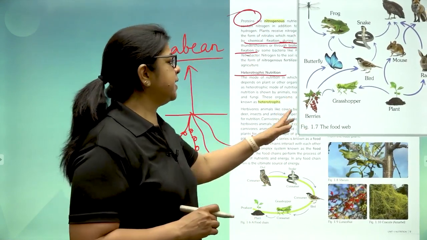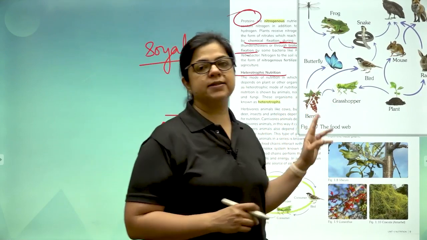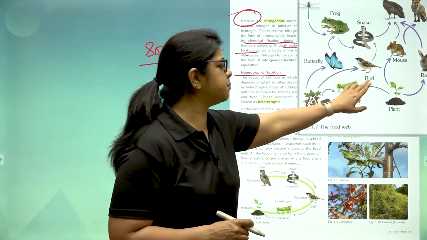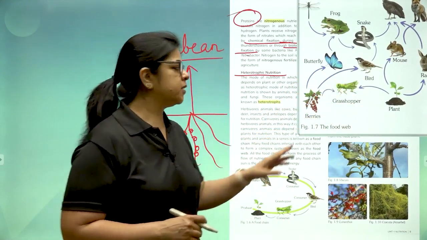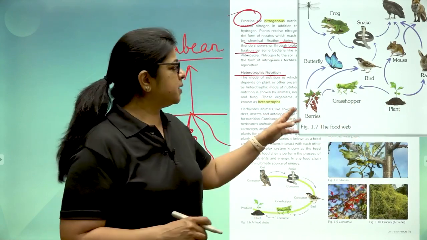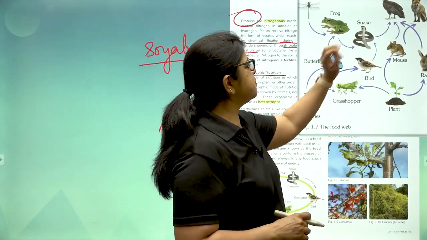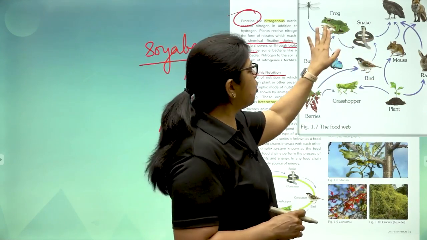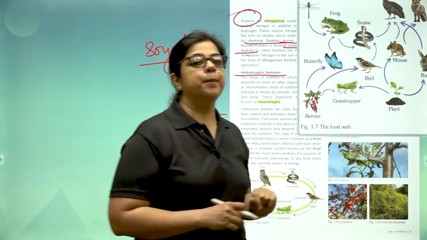So here we see that more than one organism is depending on the plant. The berries in this case, butterfly, bird and grasshopper. The grasshopper is eating the berries also, it is eating the plant also. Similarly, a bird is eaten by a snake, a butterfly by a frog, and the snake eats both the frog and the bird.